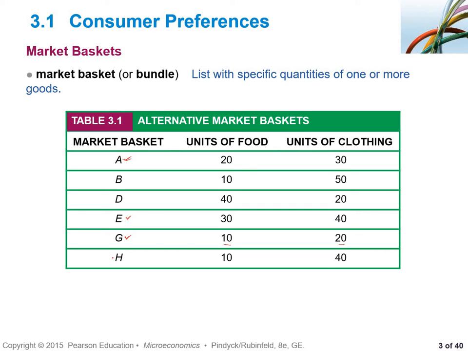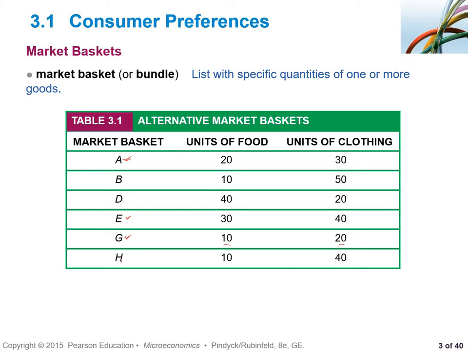But yes, we can compare it with B. So if we want to compare B, we can look at the units of food, which is 10 again. ठीक है, कोई sacrifice यहाँ पर नहीं हो रहा और ना कोई benefit है. But in terms of units of clothing, we are looking that the units of clothing are less in market basket H as compared to market basket B.